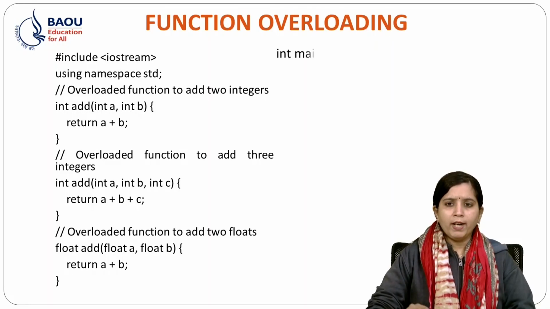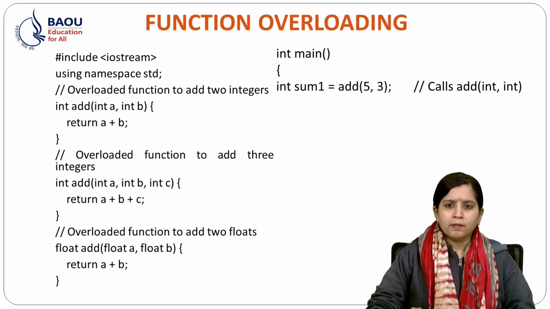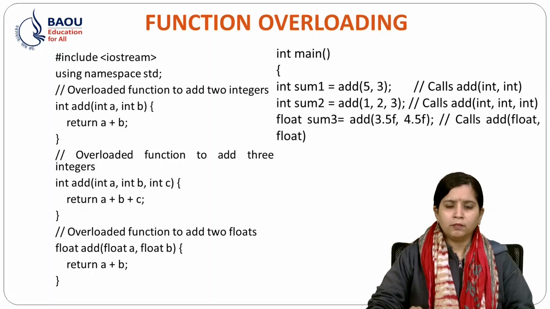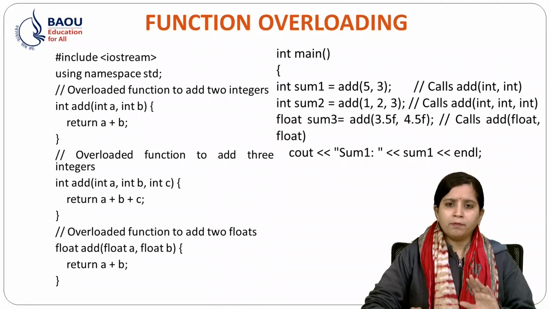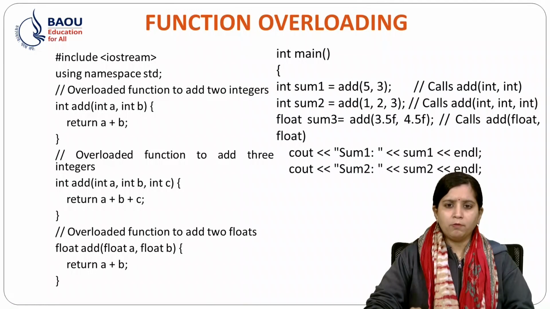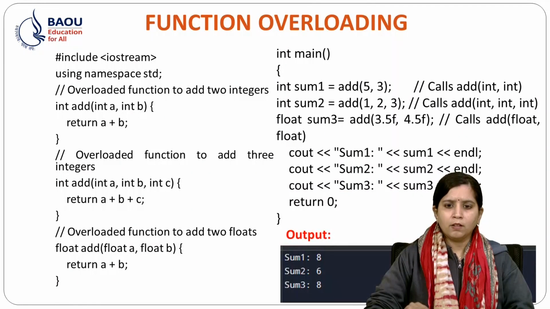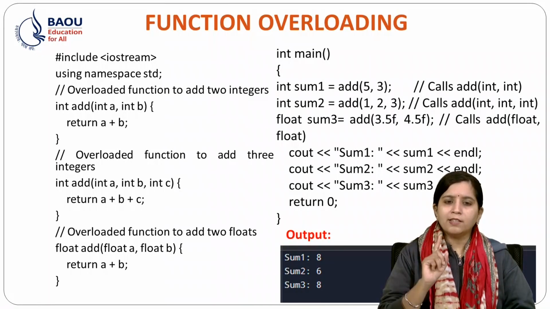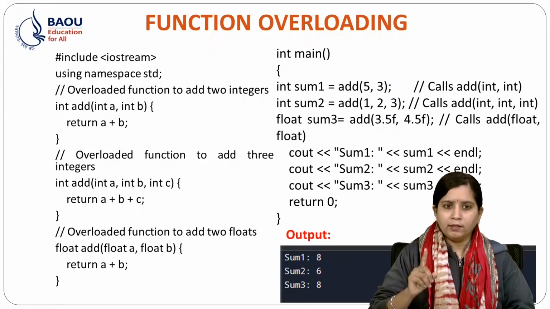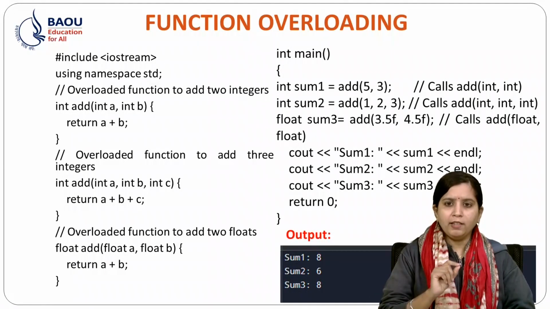So when I run this program, what I will get is 868. Why? In sum 1 I am calling the first function, that is add int a and int b, that is 5 and 3.